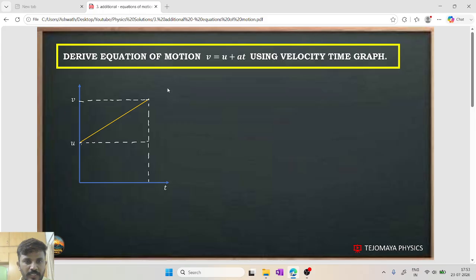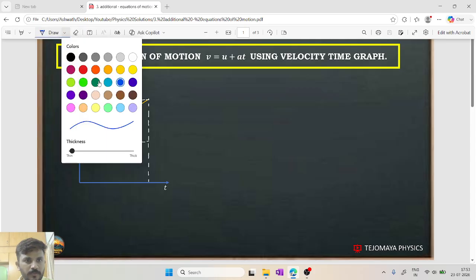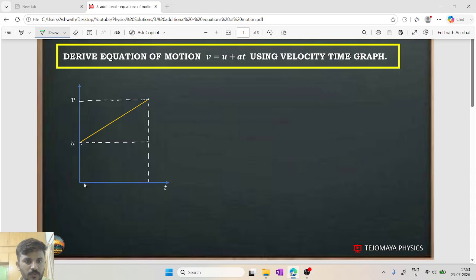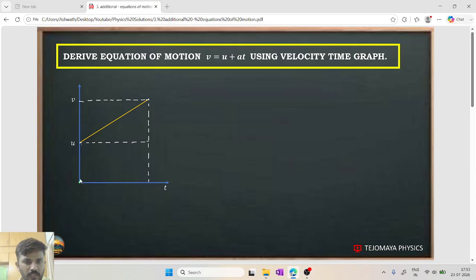So here you can write some considerations, like: consider a particle moving with uniform acceleration a with initial velocity u, and after some time its velocity is v. Where u is the initial velocity at time t = 0, and v is the final velocity after some time t.